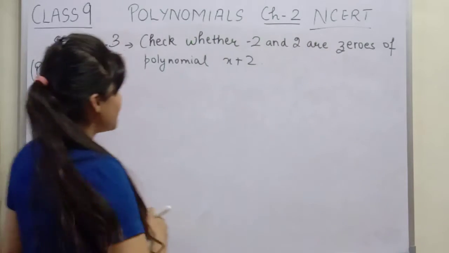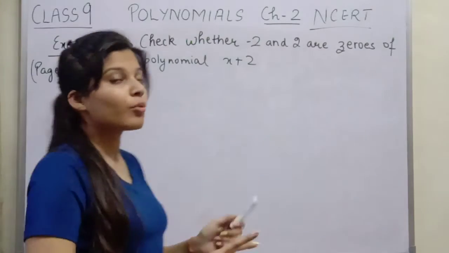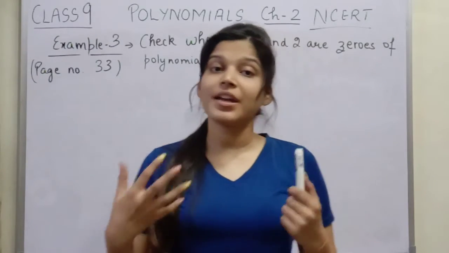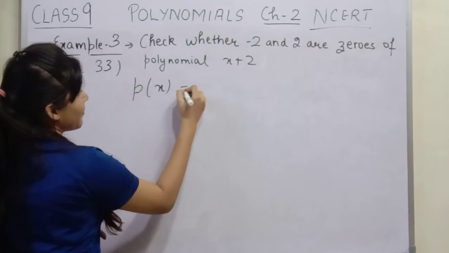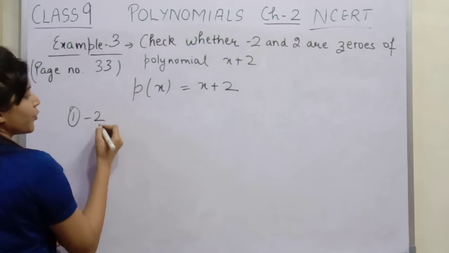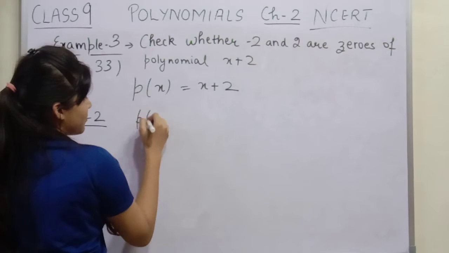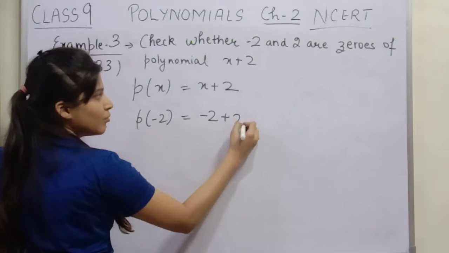See, I already told you कि zeros of the polynomial कौन से होते हैं, जब उनको put करके हमारे पास आंसर आ जाए 0. So px हमारे पास है x plus 2. Let's put first हम minus 2 put करते हैं, ठीक है. So at p minus 2 we have x की place पे minus 2 plus 2.